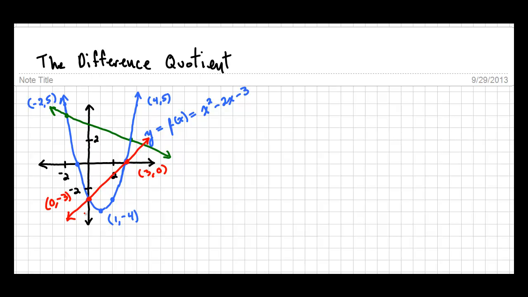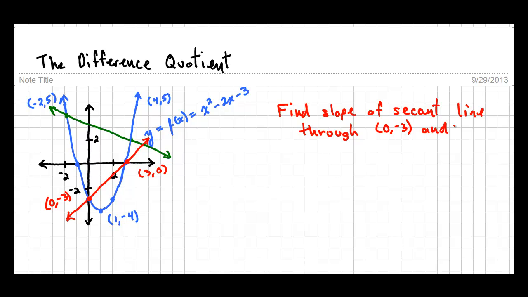So if you want to find the slope of the secant line through those 2 points, the point 0, negative 3, and 3, 0, how would you find the slope?